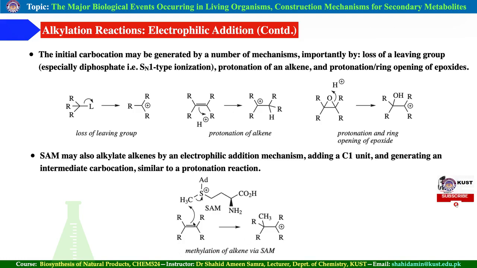For example, this is an alkene, it may attack this carbon. Again, the reason is that this carbon is partially positive. This is a pi electron system, so the electrons are loose and may flow towards this carbon. As a result, we will have a carbocation. But this carbocation is generated not because of a protonation reaction, rather by the action of an alkylating species like SAM.